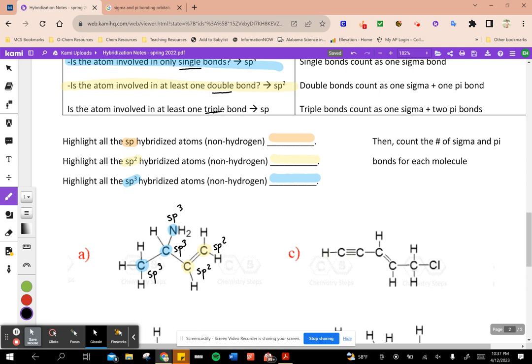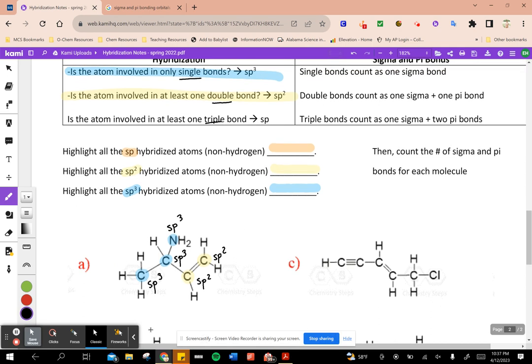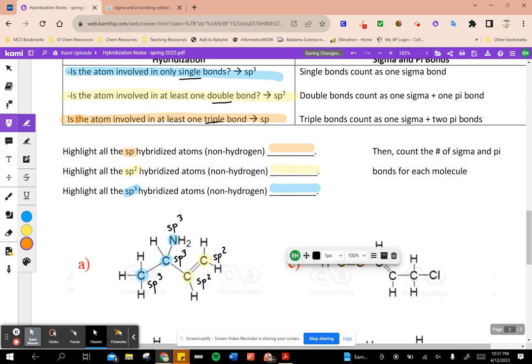All right, so let's look at C together real quick. This first carbon we come to on the left is involved in a triple bond. So that's going to put us in the sp category. Same for the next carbon. It's also a part of that triple bond. But then our next 2 carbons are actually part of double bonds.